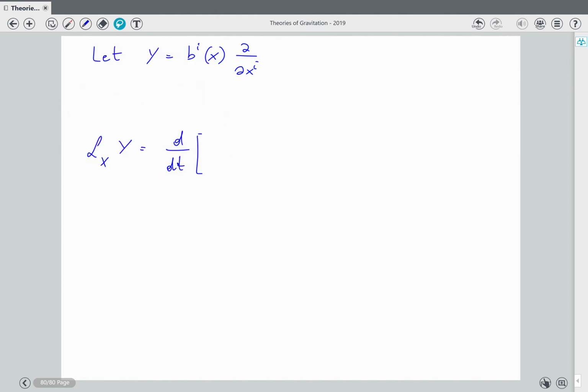What does it mean to flow the vector? It means that you move along the curve, the flow, and instead of x, you will have phi, and instead of partial x_i, you will have partial phi_i. And then you have to take the derivative of that at t equals 0. So let's do it.